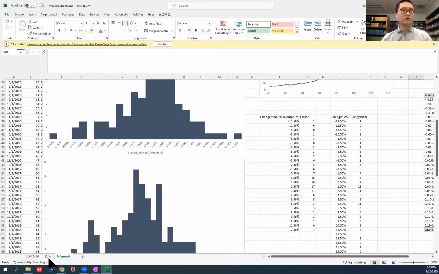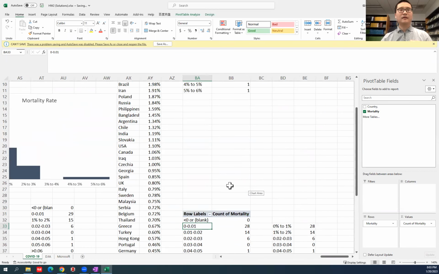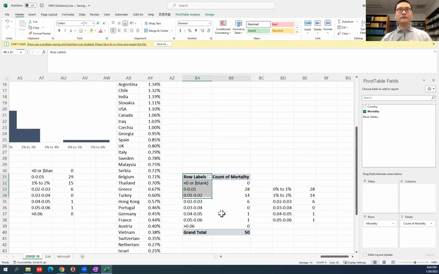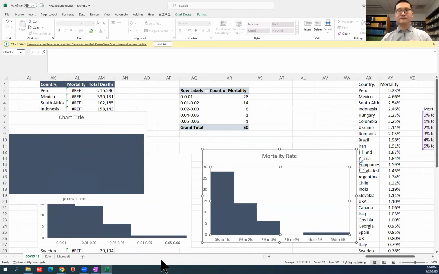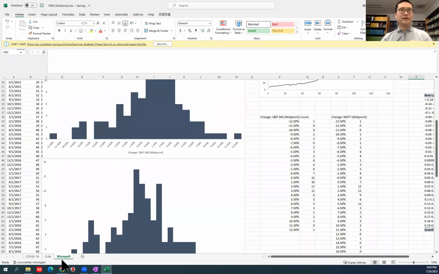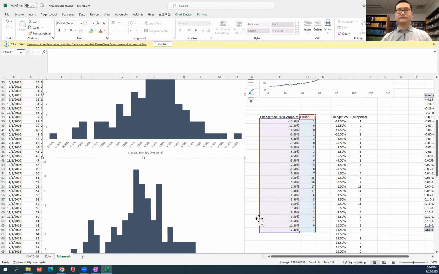Just like how we build the histogram from a pivot table for the COVID cases, like this mortality rate, the histogram for stock market price change would look very similar. So this is how we calculate the count of percentage change. Then we use this to build a histogram.